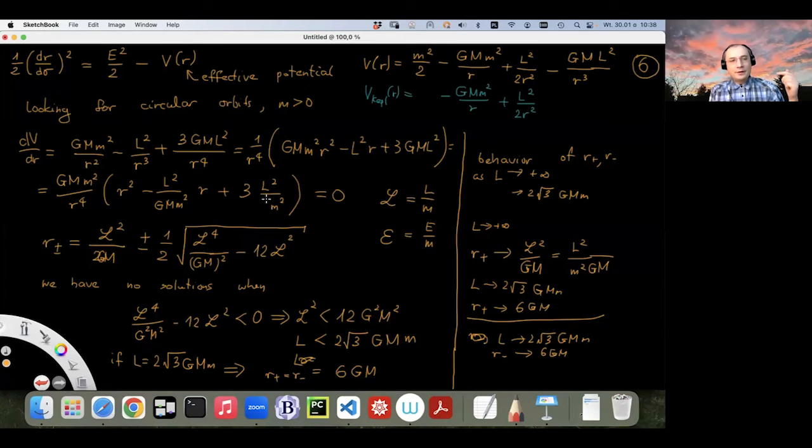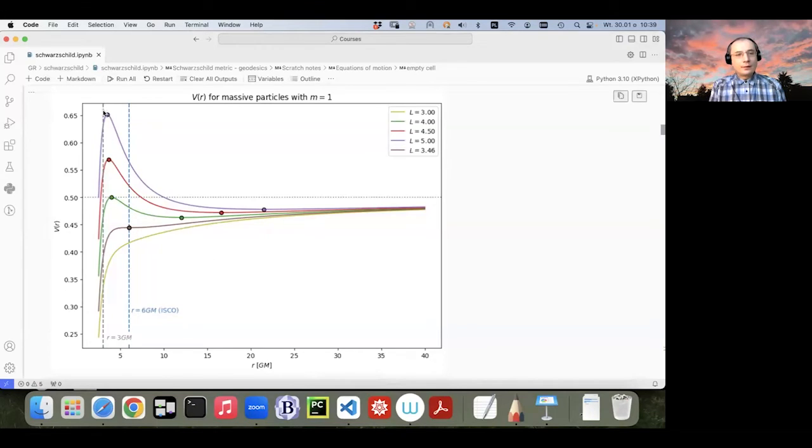From that, it's fairly easy to show that when R plus goes to this thing over here, R minus is approaching 3GM. So this way we can prove that R equal to 3GM is also the limiting value for the radius of the unstable orbit.